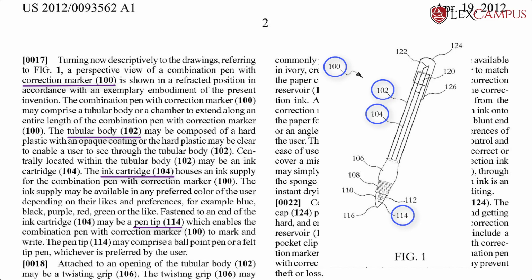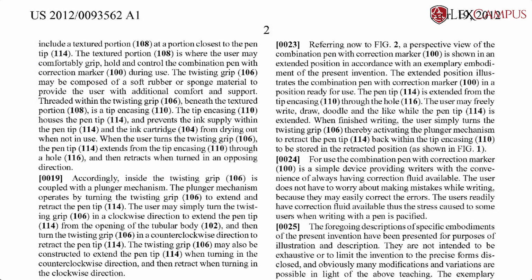So, tubular body is 102, and so on and so forth. Now, this description of the drawing, because it is a mechanical invention, there is no illustration required, because the description of the drawing itself describes it.